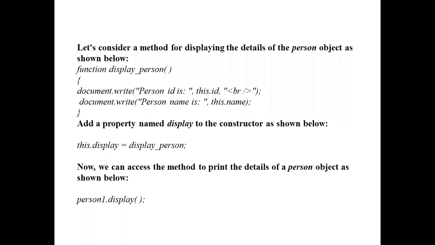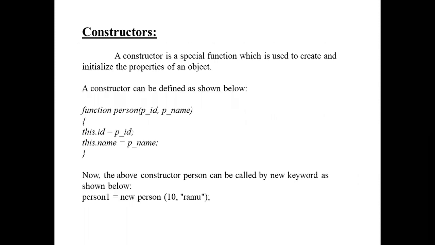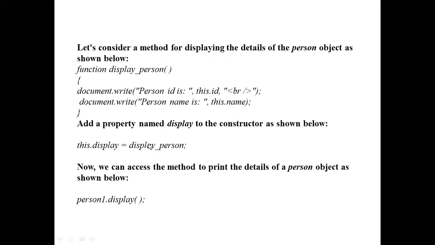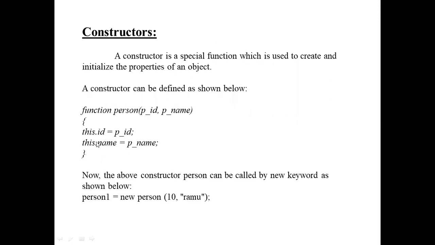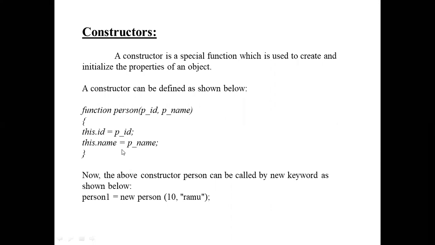So the constructor: function person, p_id comma p_name. These are the properties. this.id equal to p_id, this.name equal to p_name. Here we initialize the properties of the object. Next, this.display equal to display_person is also written in the same constructor.